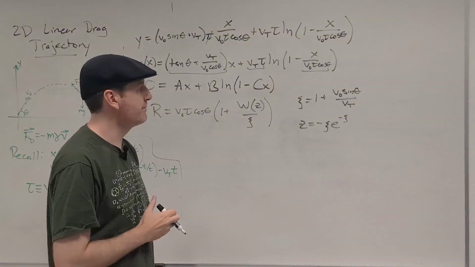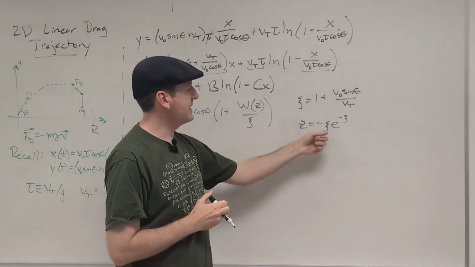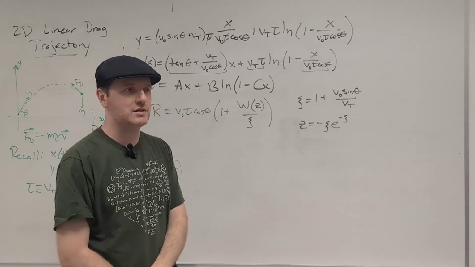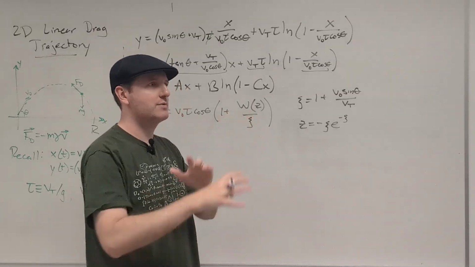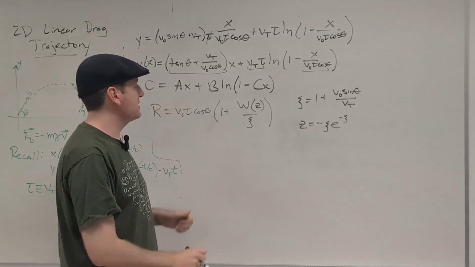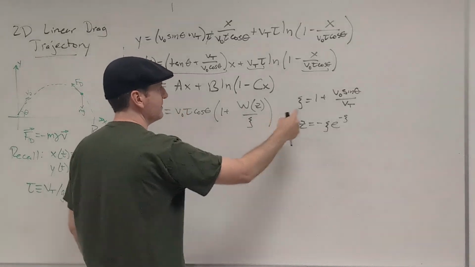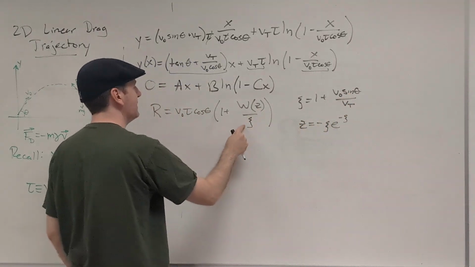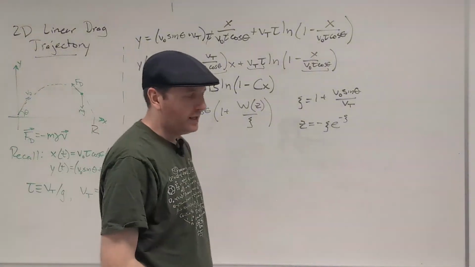It's a little interesting. And then this z is just minus xc e to the minus xc. That's kind of the behavior we've seen in the Lambert function. Linear times exponent with the same prefactor. So this is the range as a function of theta, very implicit, hiding in here, which is in here and here and in here.